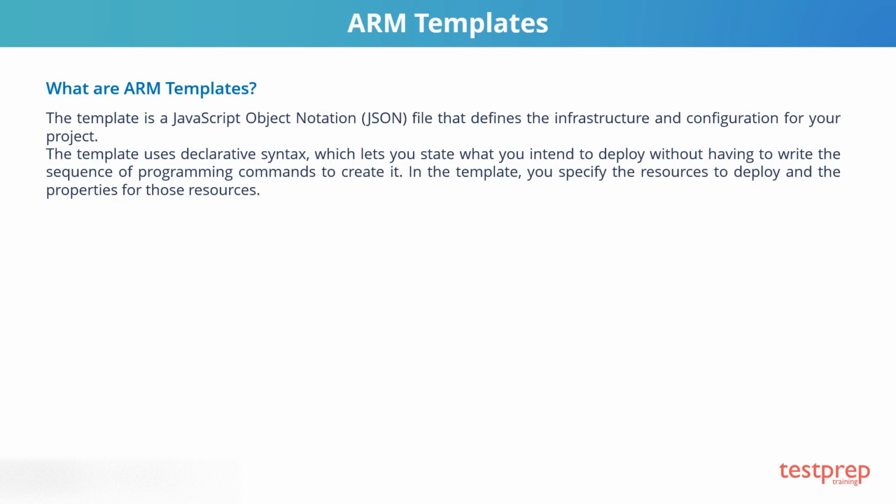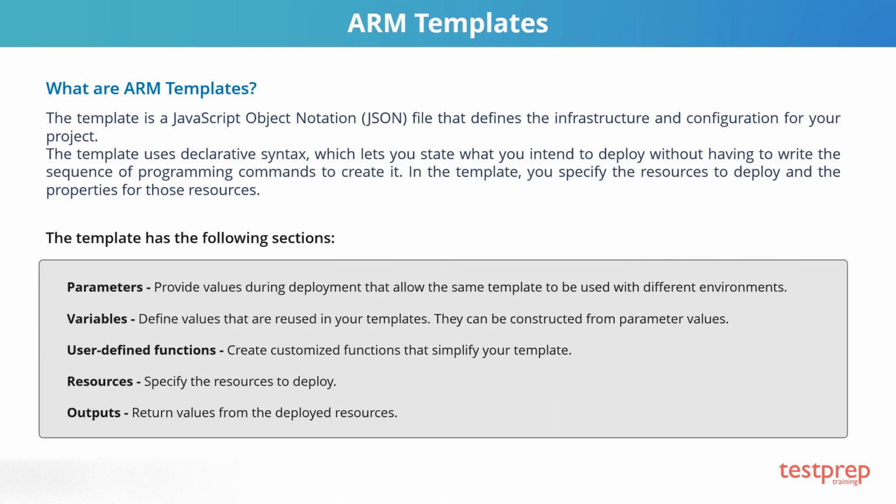In the template, you specify the resources to deploy and the properties for those resources. Within your template, you can write template expressions that extend the capabilities of JSON. These expressions make use of the functions provided by Resource Manager. The template has the following sections. 1. Parameters. To provide values during deployment that allow the same template to be used with different environments. 2.